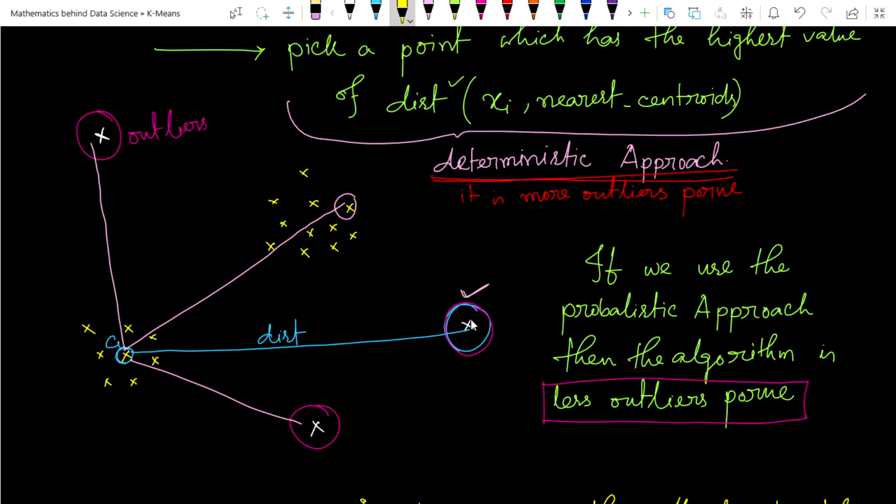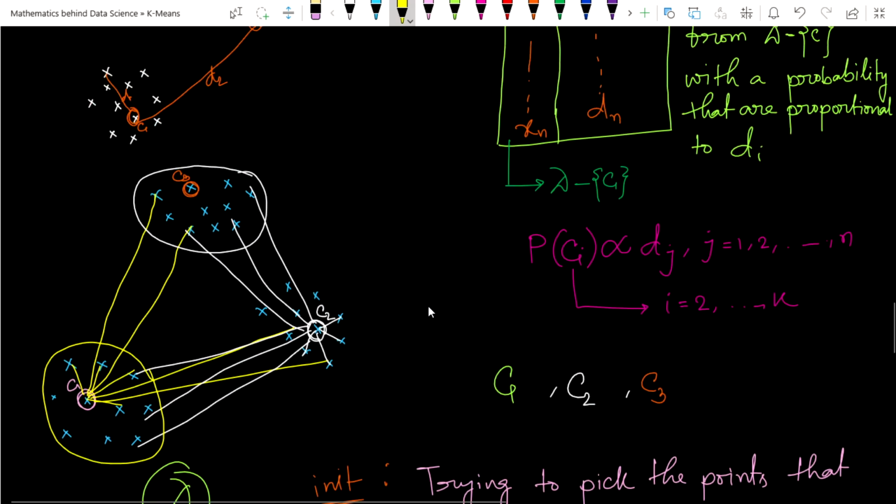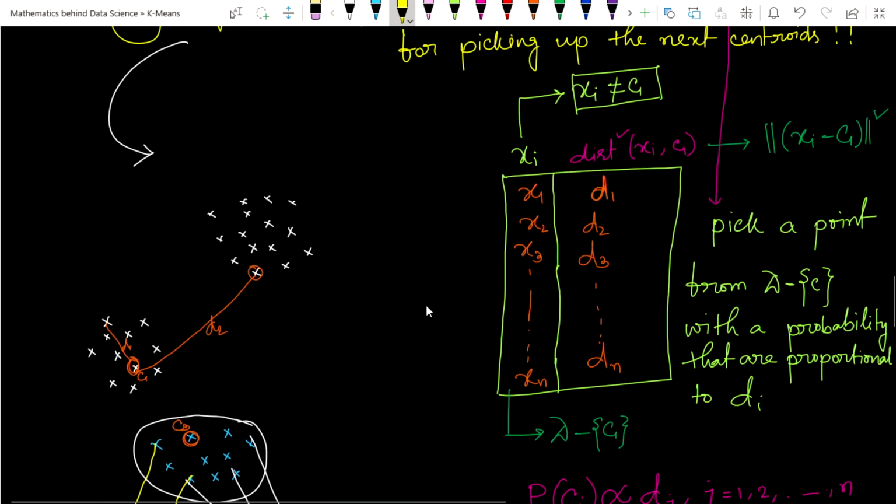To remove this, we use the probabilistic concept, because there is a chance to pick this point, this point, or this point. By repeating this algorithm, we can remove the outlier from our centroids. This is the main concept of k-means++, the smart algorithm we have discussed here.